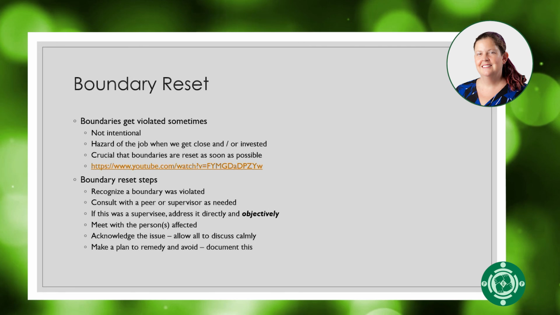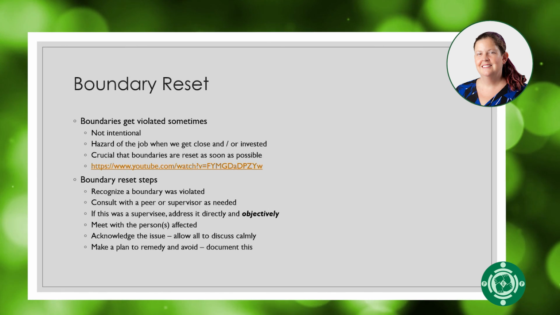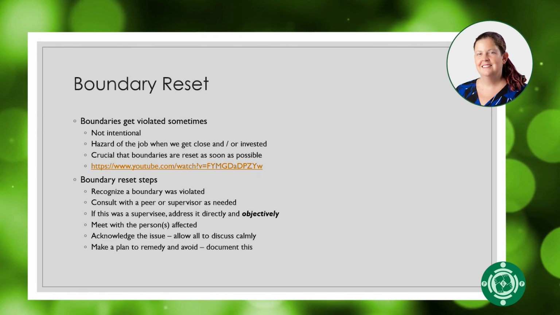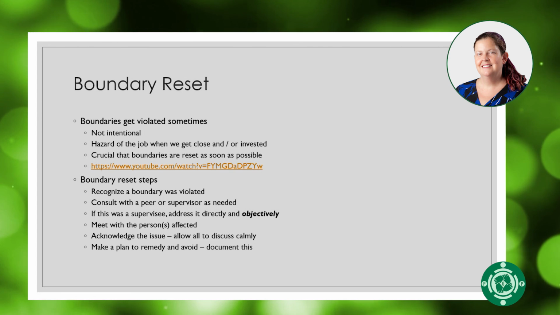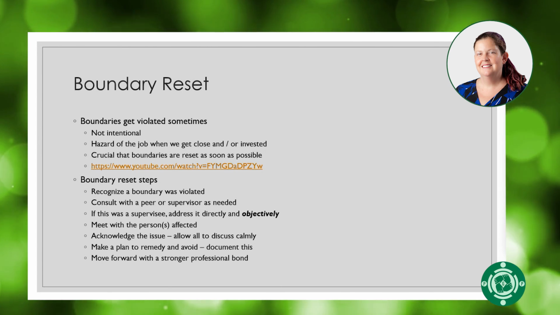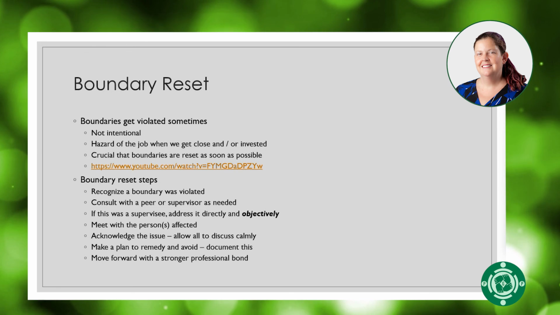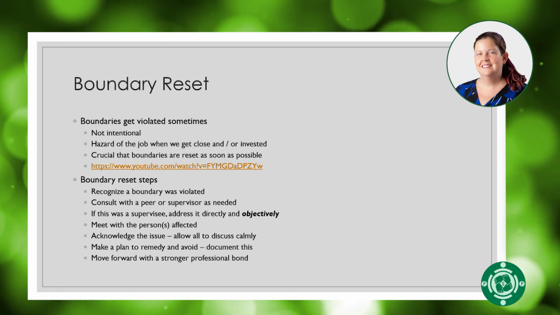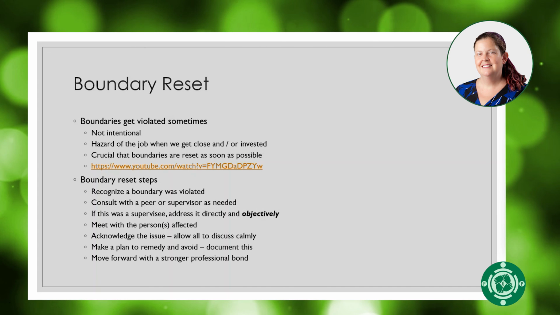But make sure it is acknowledged, documented, might be an incident report depending on how severe it was, and what that plan is moving forward. Once you reset that boundary, you actually have a stronger professional connection with the person that you had to do that reset with.